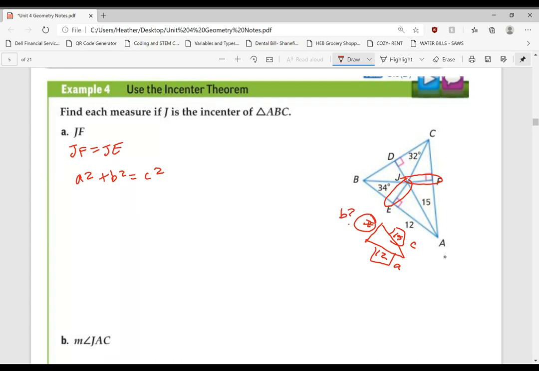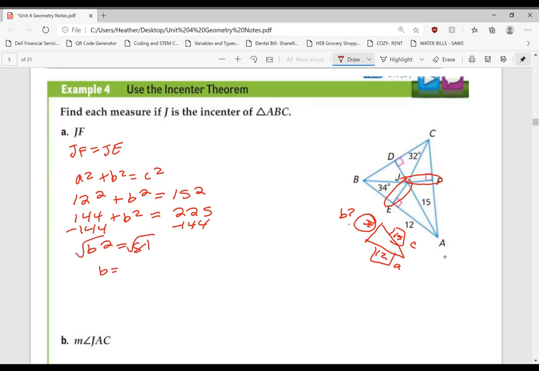So 12 squared plus b squared is equal to 15 squared. 12 squared is 144 plus b squared is equal to 15 squared, which is 225. If we subtract 144 from both sides, we get b squared is equal to 81. If we take the square root, we get b is equal to 9. b was also JE, and we know that JE is equal to JF. So that means JF is 9.